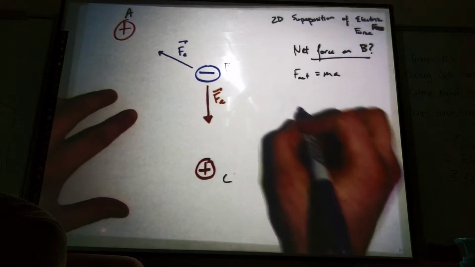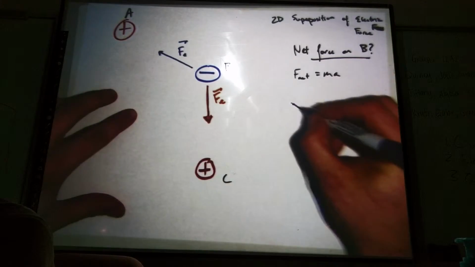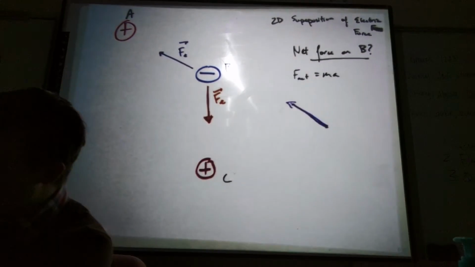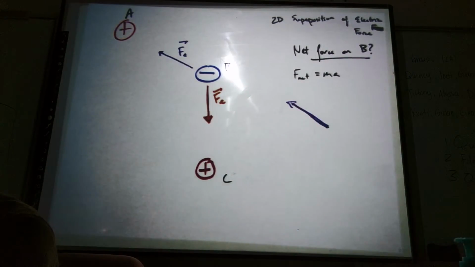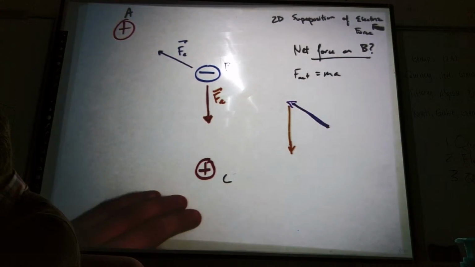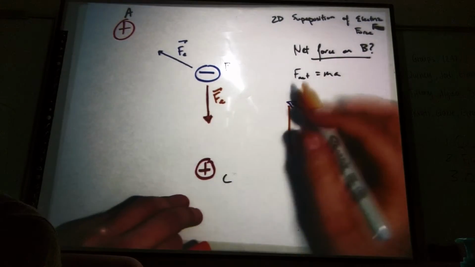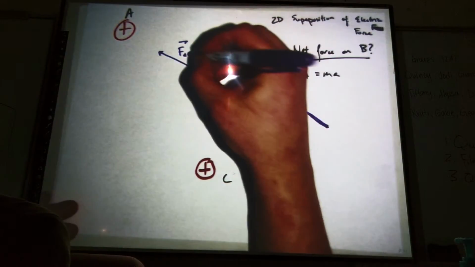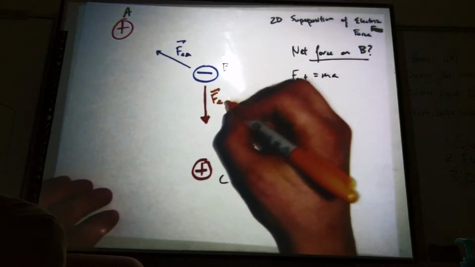Here we are. There's that vector. And then I'm also going to pull this vector and draw it on top. So something like that. So this is FEA because it's from A, and then this is FEC.